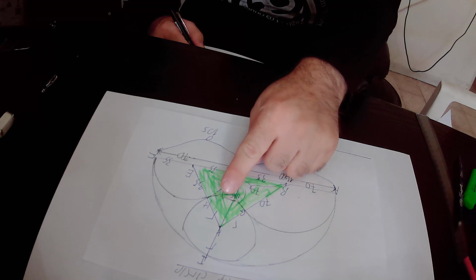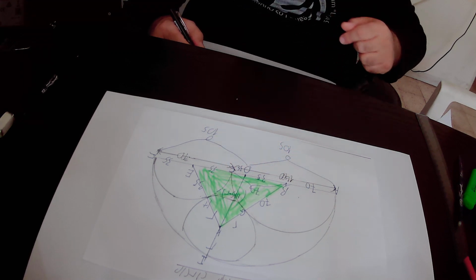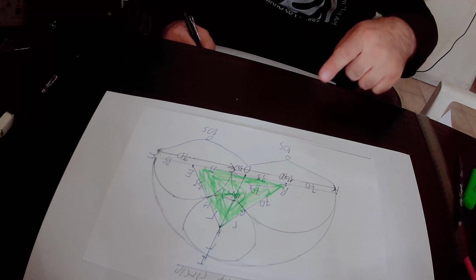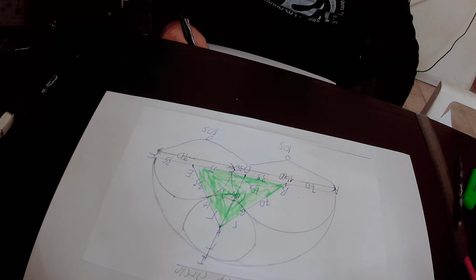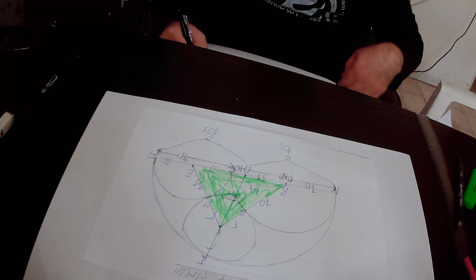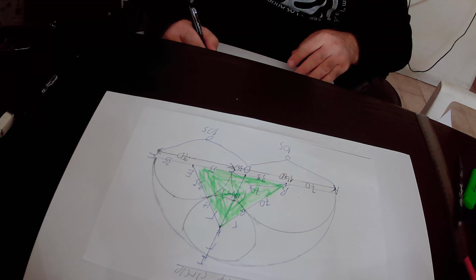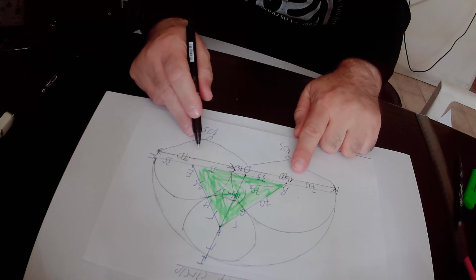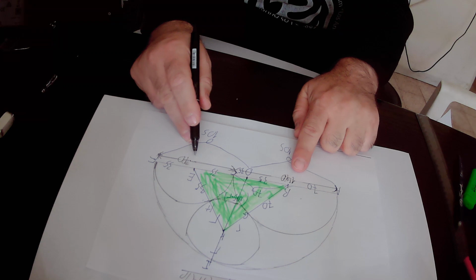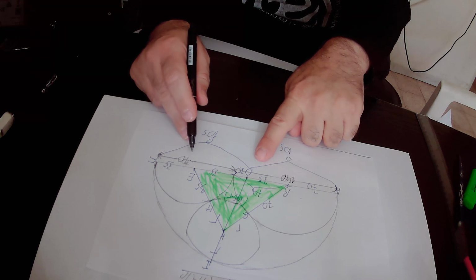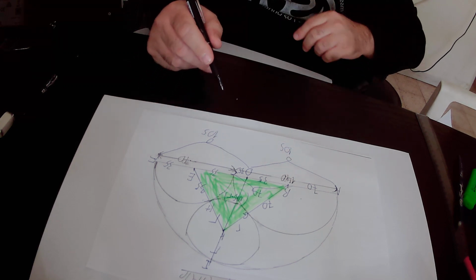K edge is R, edge E is 35, so side KE equals 35 plus R. The length of side BE equals BO plus OE.